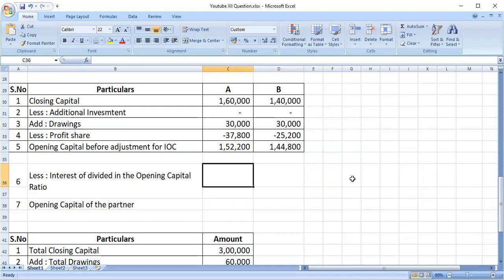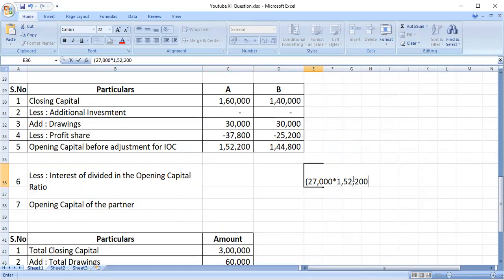Understood? So the total interest of 27,000 would have got divided in the ratio of 1,52,200 is to 1,44,800. So for A, it would be 27,000 into 1,52,200 divided by 1,52,200 plus 1,44,800.